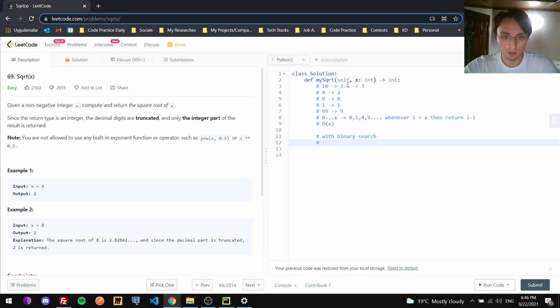For instance, if it is 99, instead of starting from 0 to 1, 2, 3, 4, 5 and taking a square of those, we can just check 50. 50 times 50, 2500, is higher than 99, so we go to 25, then 12, then 6, then 9, then 10, and here we return 9.